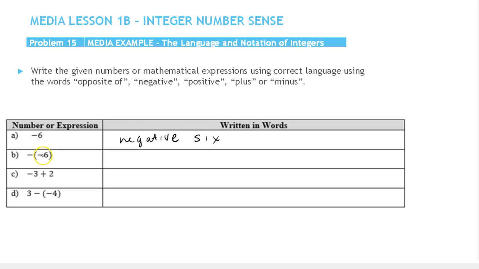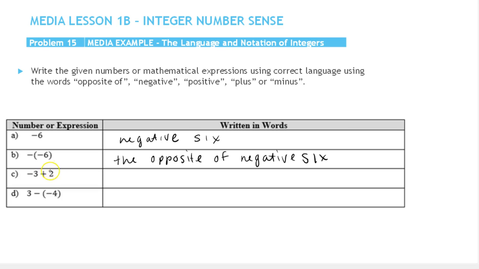Now the next one, we have a negative 6 in parentheses, and we have another symbol on the outside, and we're going to call this the opposite of, since it's outside the parentheses. So this will be the opposite of negative 6.